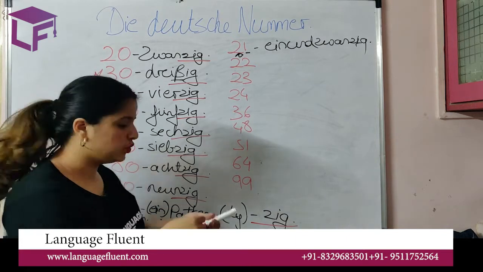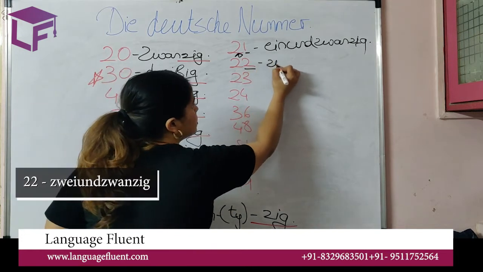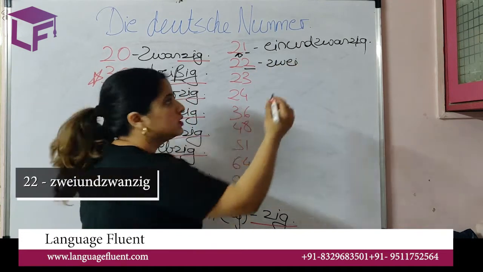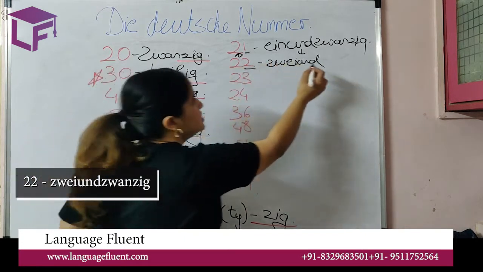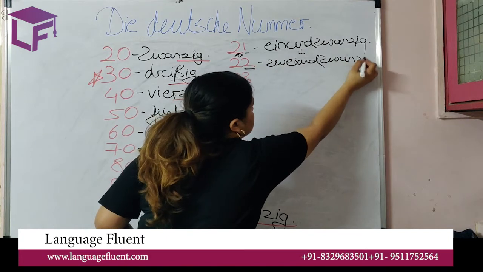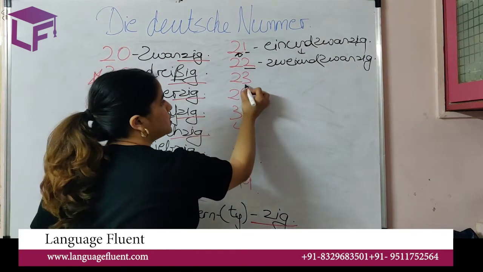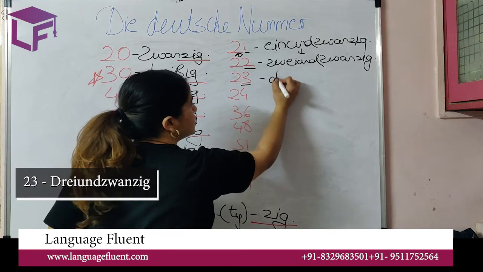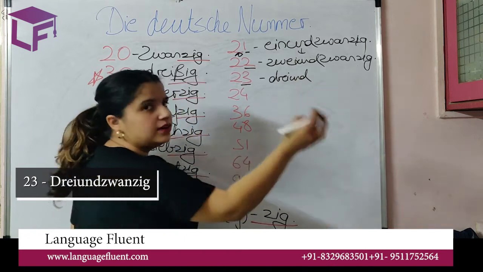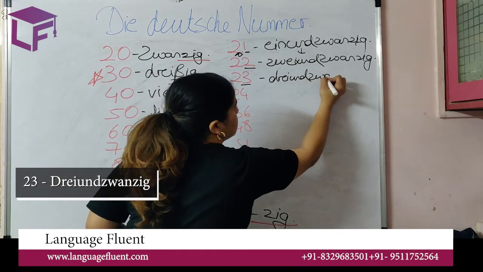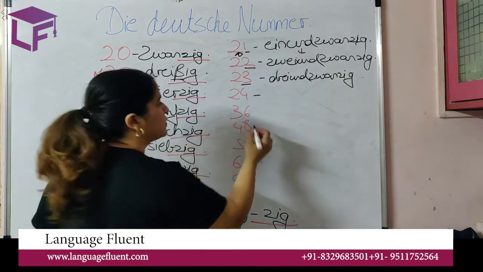So now 22 will become first this 2, similarly und and 20. Now 23. First this number, so 3, same und and 20. 24.